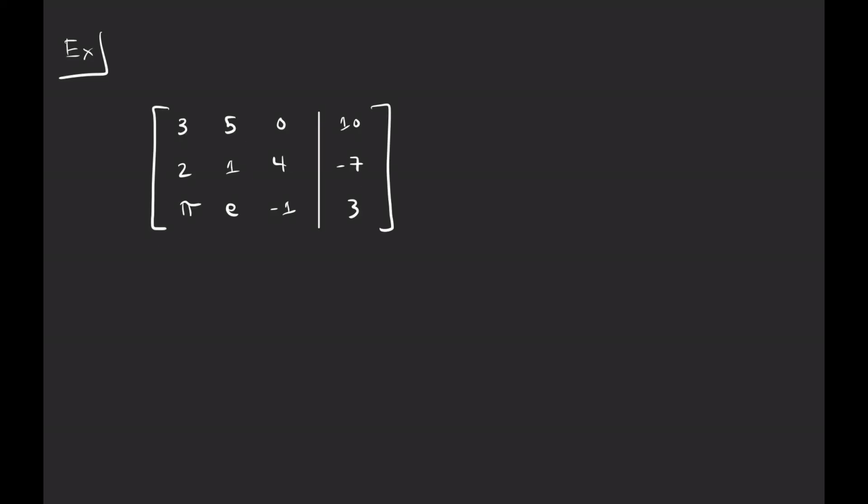But for now, you can interpret this as a system of equations that looks exactly like this. It would look like 3x plus 5y plus 0z, but I won't write that, equals 10. 2x plus 1y plus 4z equals -7. And then the fun one, pi x plus ey minus 1z is equal to 3, right?